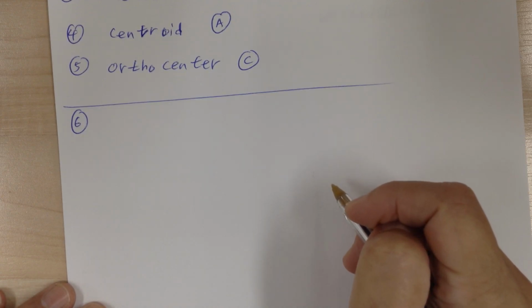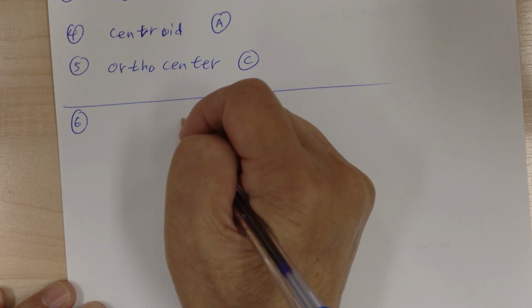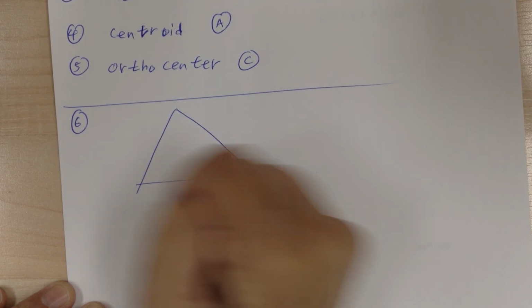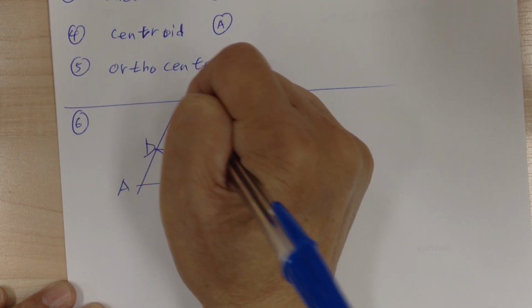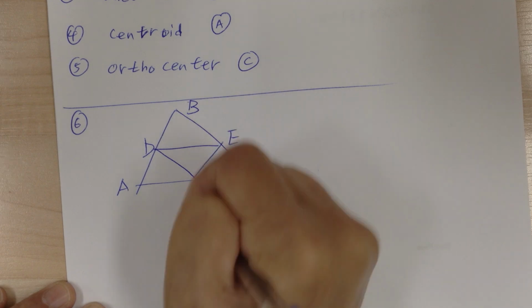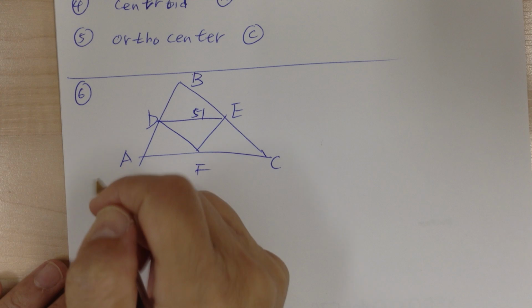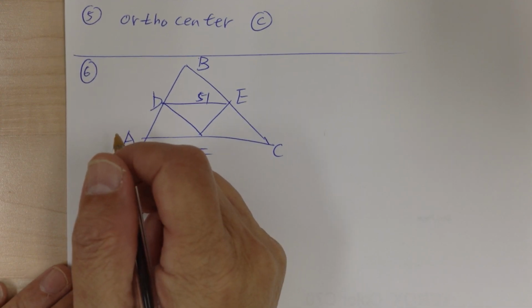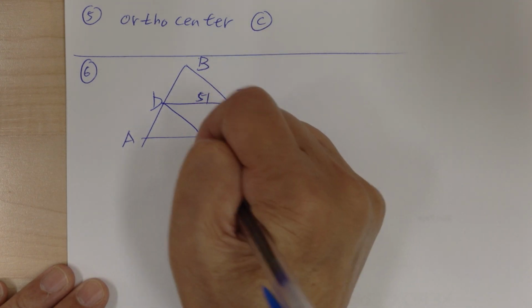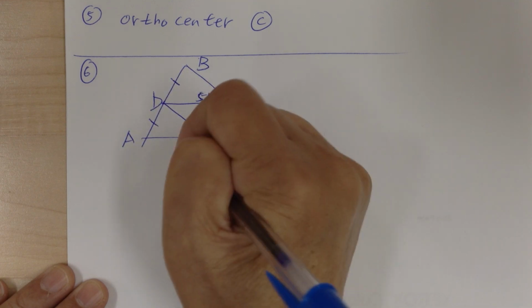Okay, number 6. So use the diagram above. So you have this diagram. It says DF and the others are the mid-segments, so these are the midpoints.